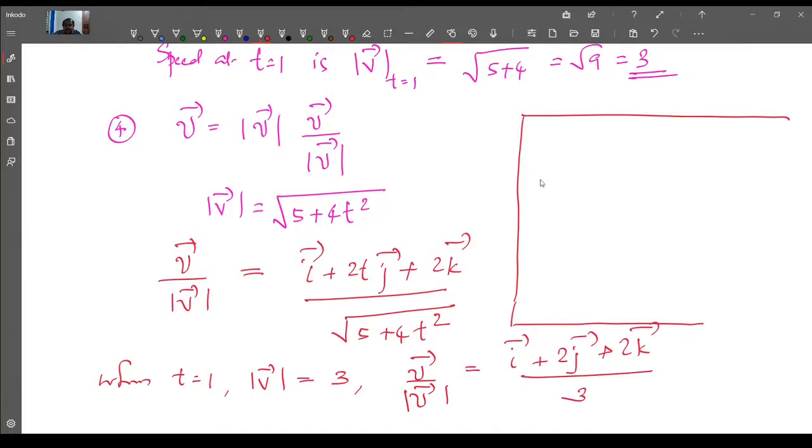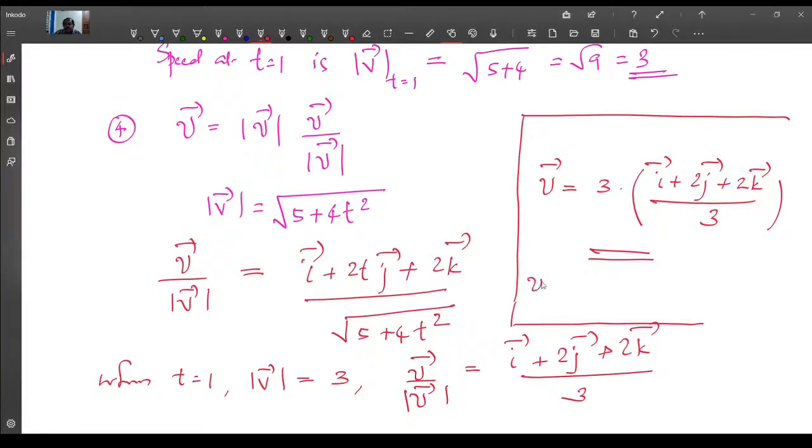Therefore we can write v as modulus of v, 3, into (i plus 2j plus 2k) divided by 3. So this is the expression of velocity in terms of speed and direction. So you can write this as v equal to 3 into (1 by 3 i plus 2 by 3 j plus 2 by 3 k).